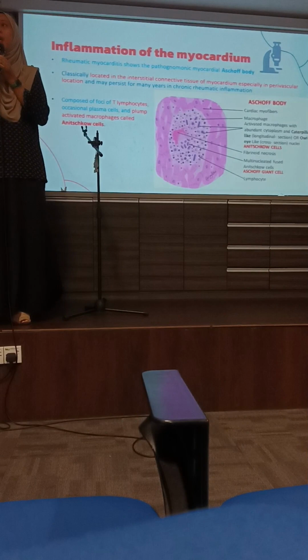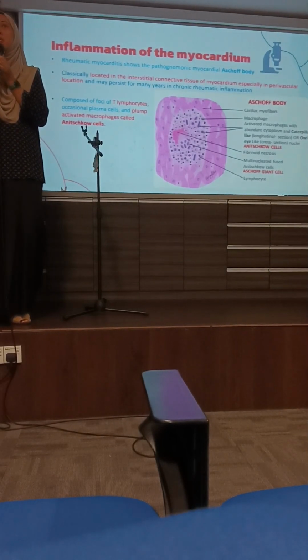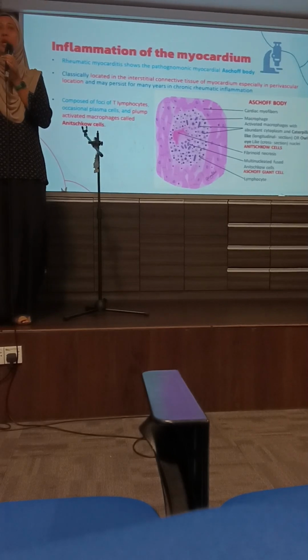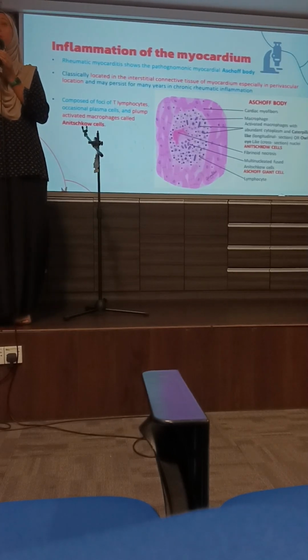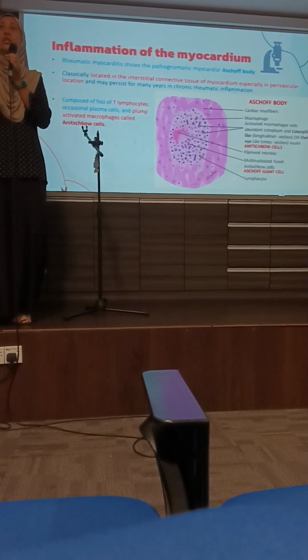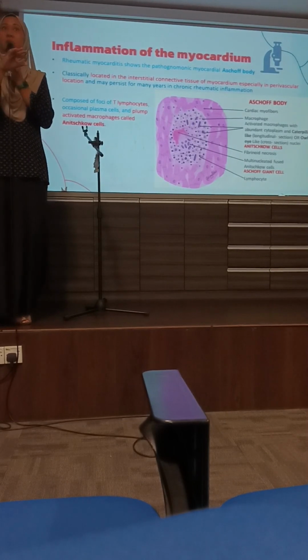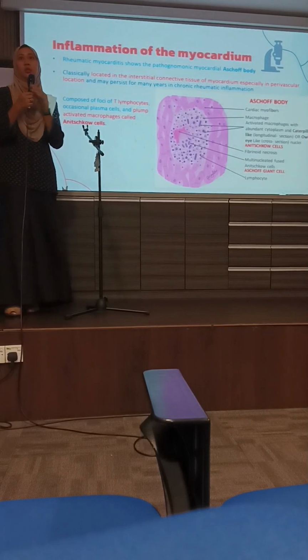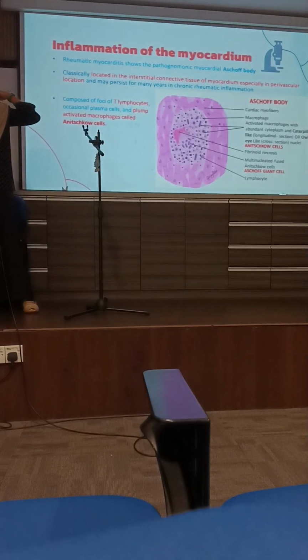So fibrinoid necrosis is a type of necrosis that occurs when you have an antibody-antigen reaction deposited in the blood vessels, and there's an accumulation of fibrin. Okay, so that's why it's called fibrinoid. Okay. So this is the bit where you have to memorize.